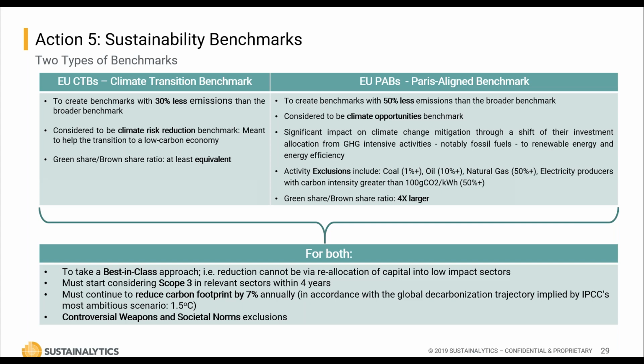The primary differences are that the EU CTB looks to create a benchmark that is 30% less emissions than the broader index and has at least an equal amount of green to brown share ratio, while the EU PAB looks to create a benchmark with 50% less emissions than the broader benchmark and a green share to brown share ratio of 4 times, as well as additional exclusionary criteria across some carbon-intensive products.